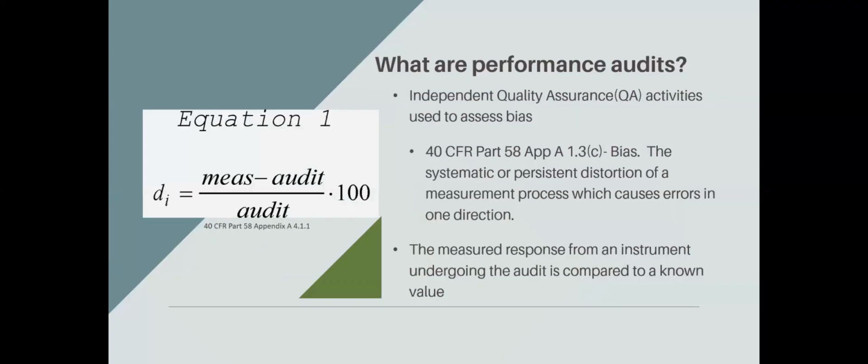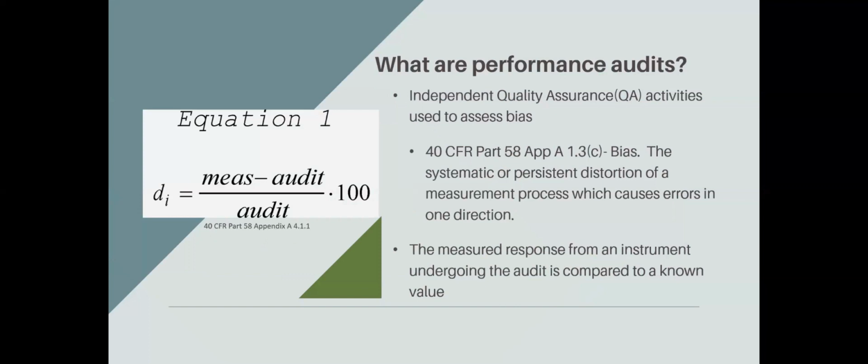So first question is, what are performance audits? Well, they're pretty much your independent QA activities, and they're used to assess bias. The main 40 CFR Part 58 Appendix A, which governs most of QA, defines that as a systematic or persistent distortion in the measurement process.